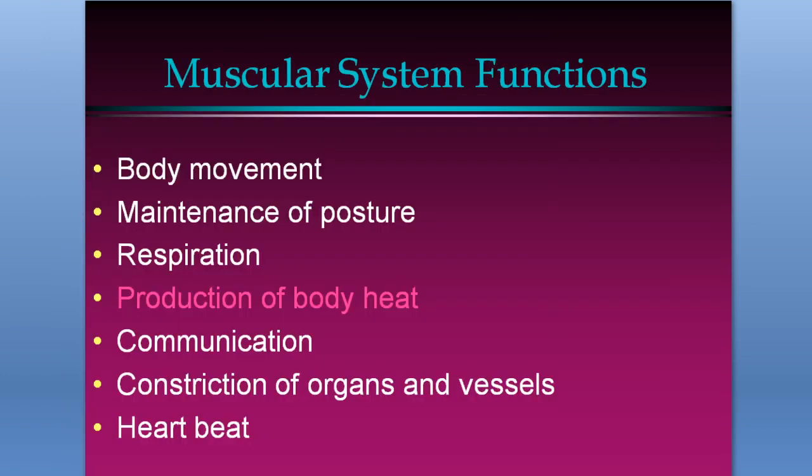So first of all, we want to talk about some of the muscle functions. The muscles have several functions, some obviously that you know, others that you may not be completely aware of. So the first thing is the muscles are going to provide body movement.